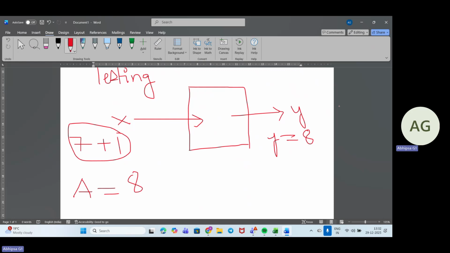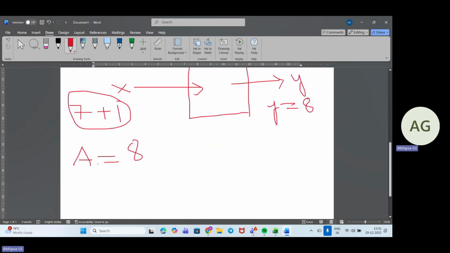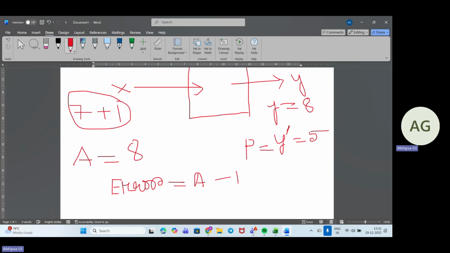But if there is a problem, suppose 8 is my actual result, but my model is predicting, say, 5. Okay, so in that case, y dash is p, that is the predicted value that my model is predicting, and my actual value is 8. So there comes the concept of error, where we do actual minus predicted.